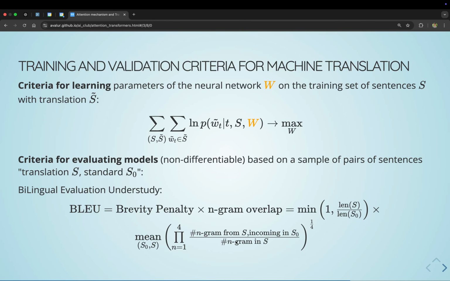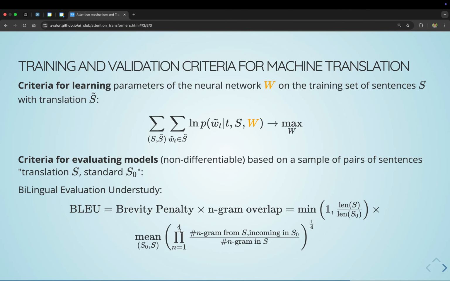The second term is the product of, let's say, probabilities computed for different n-grams, where n goes from 1 to 4.